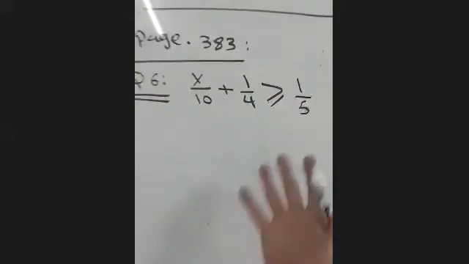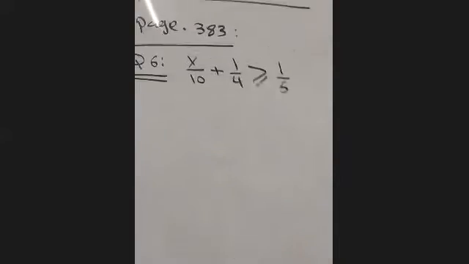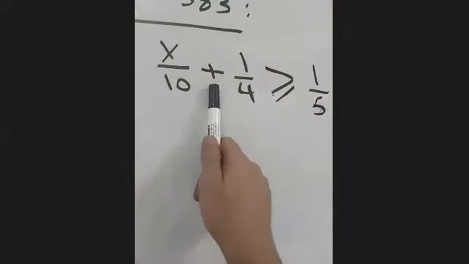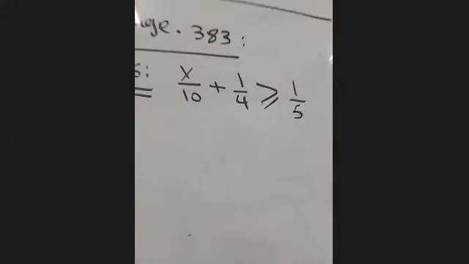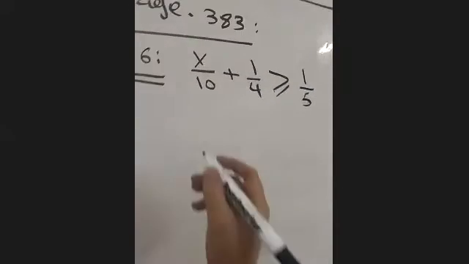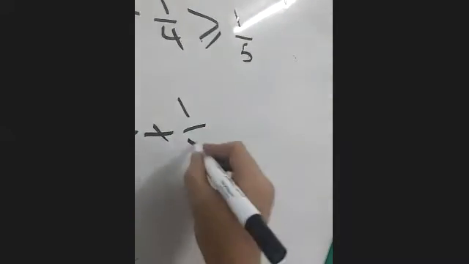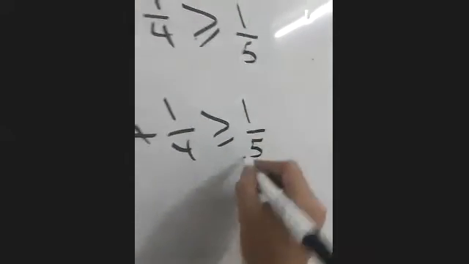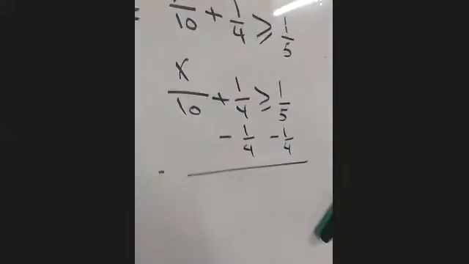We need to solve this inequality, right? What's the first step? What do we have here? Plus. So what will we do on both sides? Minus. Let's rewrite it and do the first step: minus 1 over 4 on both sides.